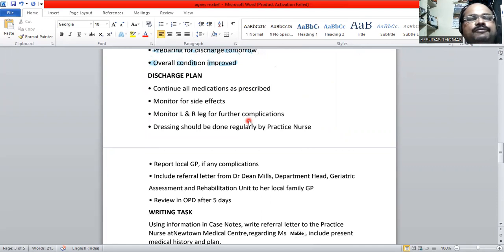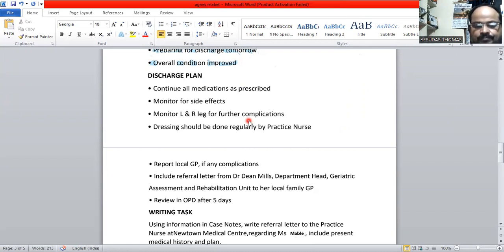We need to monitor for any complications of the cellulitis, and if there is any complication, you need to report to the local GP. The dressing should be done regularly by the practice nurse. And something to include is a referral letter from Dr. Mills, department head, geriatric assessment rehabilitation unit, to her local GP.